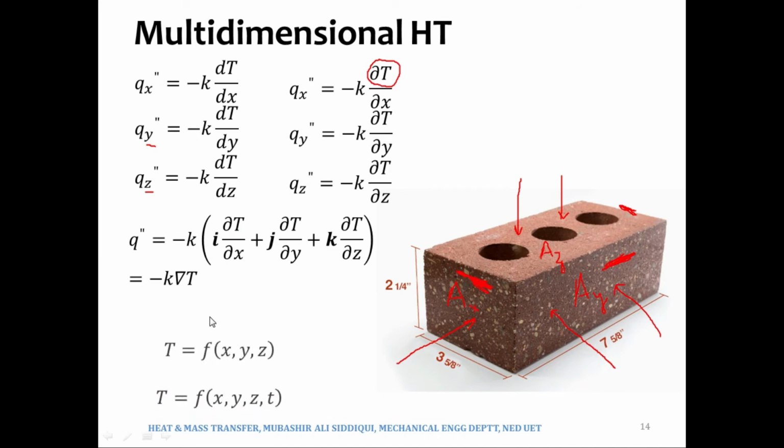So in this case we would have T as a function of x, y and z. If it is a multi-dimensional heat transfer case, T would have a different variation in x, in y and in z. So we would be having an equation such as T is equal to 2x squared plus 3y plus 5z.